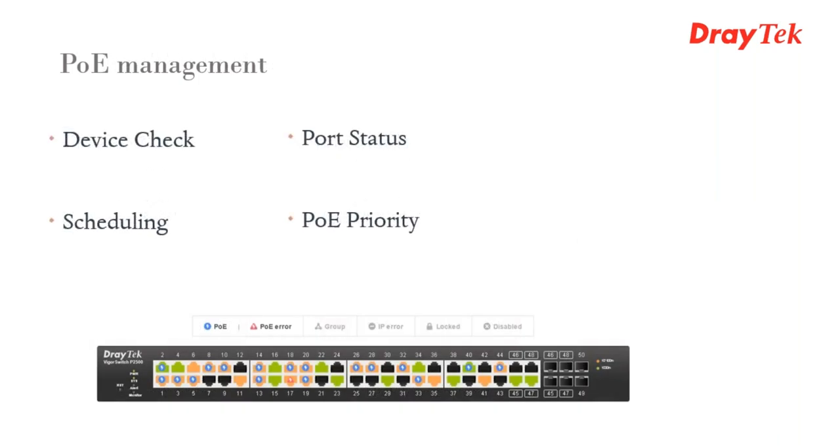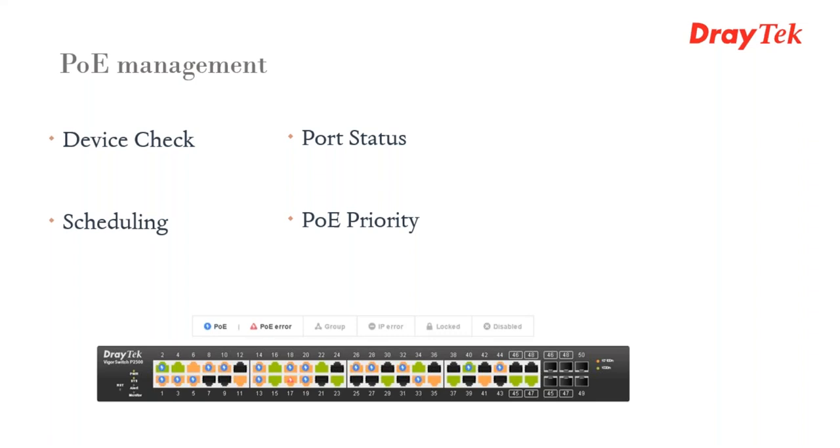The PoE feature on DrayTek switches can help automate quite a lot of the maintenance work. If there is a problem with a port, you can track it down on the switch dashboard. If a device stops responding, the device check feature can automatically restart the device, like an access point or camera, which is very handy if that camera or access point is installed outdoors and up a pole.